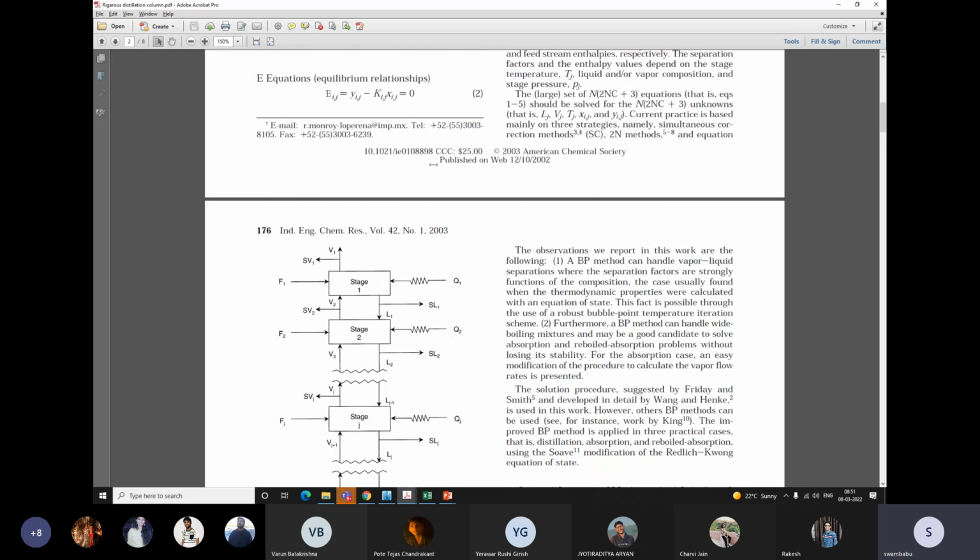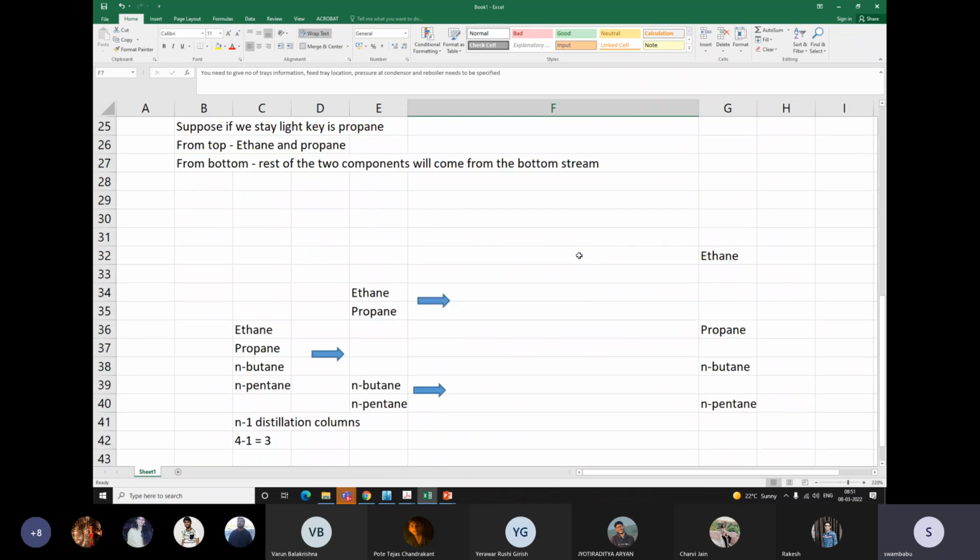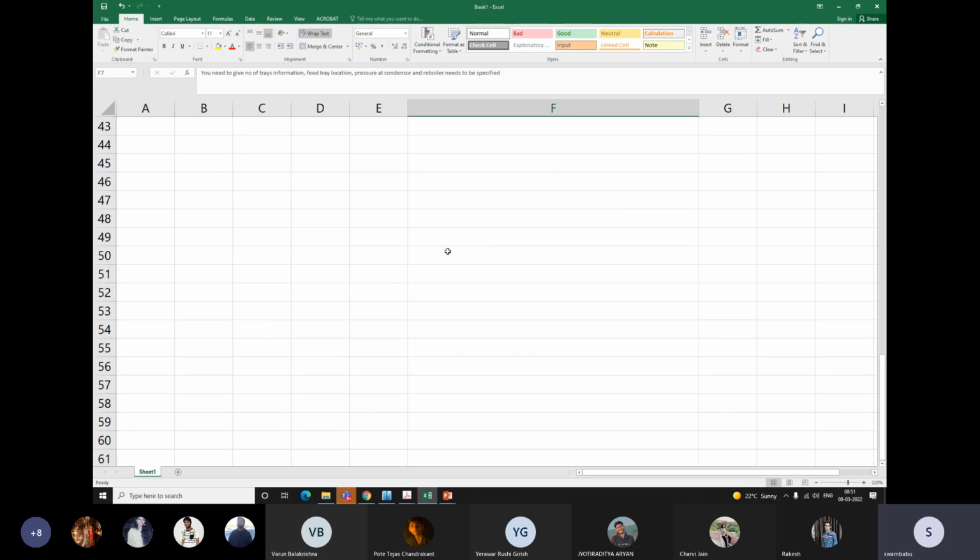So for this we can write a mass balance. Probably it will be better for you if I explain here, so I'll take a small distillation column.